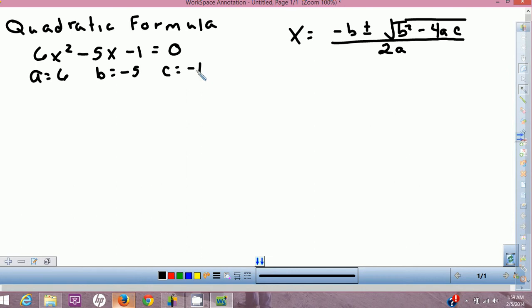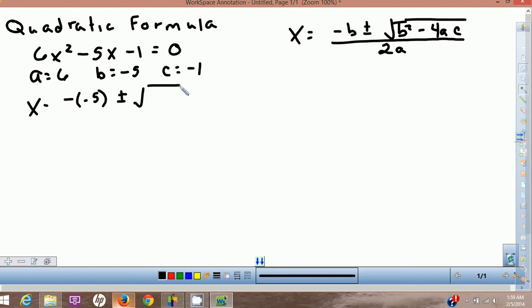So if we go back and plug those in to our quadratic formula, x is equal to opposite b, so negative and negative 5, plus or minus the square root of b squared minus 4ac. So negative 5 squared minus 4 times 6 times negative 1. Notice this negative 5 is in parentheses when we put it into our function because the negative 5 is what is squared.